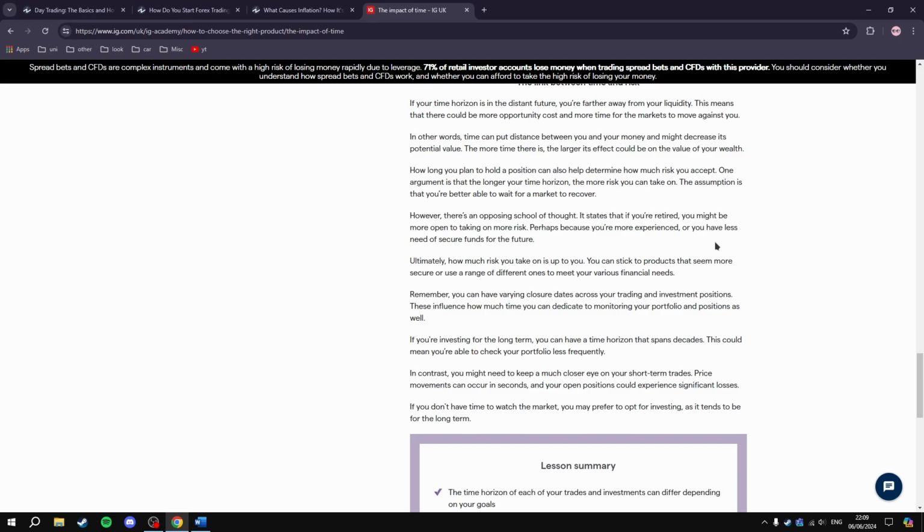And then ultimately, how much risk you take on is up to you. So you can stick to products that seem more secure or use a range of different ones to meet your various financial needs, a mixture of high-risk, medium-risk and low-risk investments.